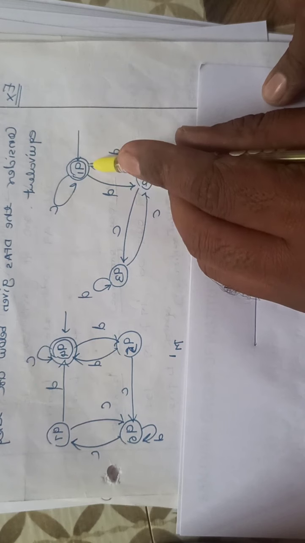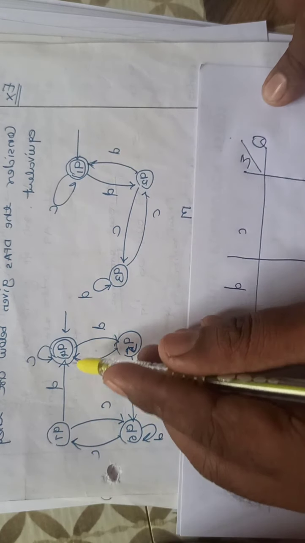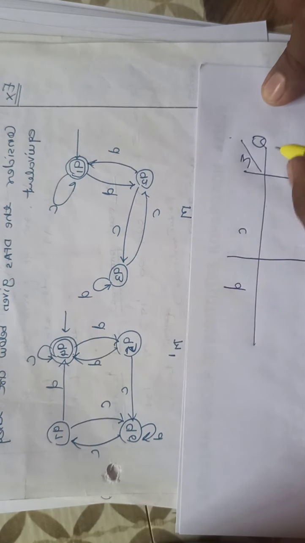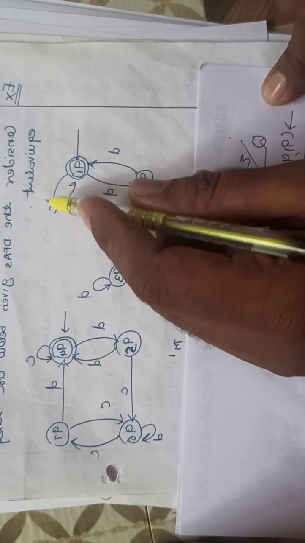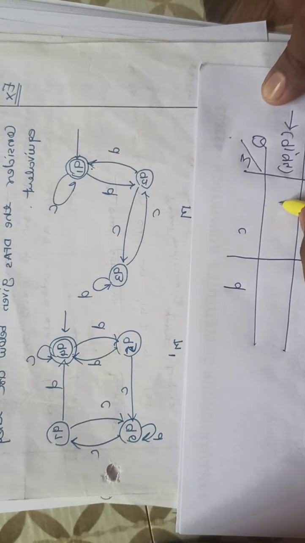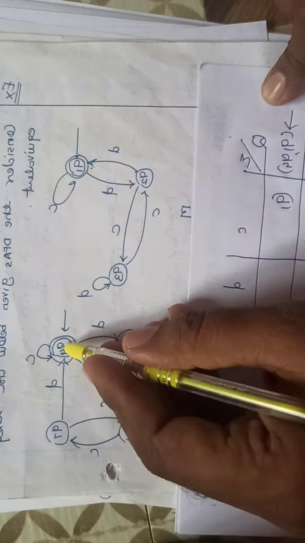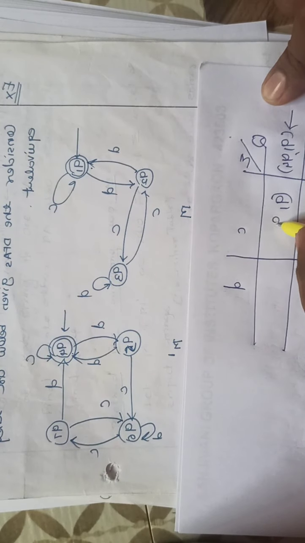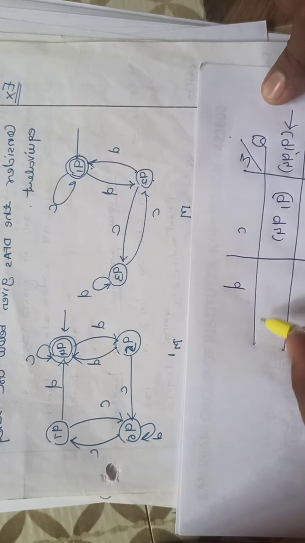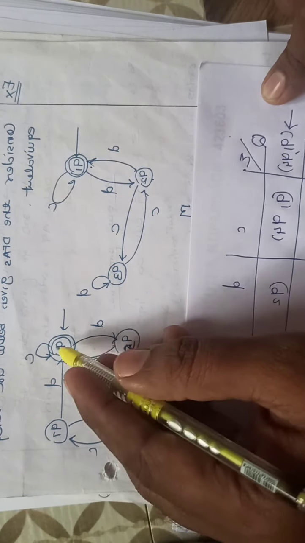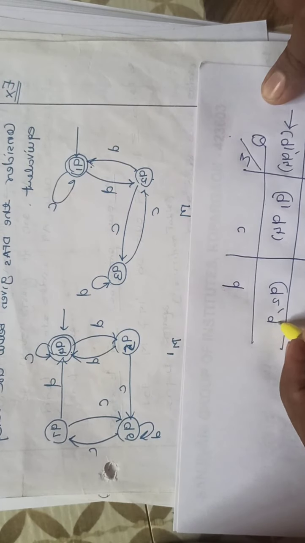The initial state in the first finite automaton is Q1, and the initial state in the second finite automaton is Q4. So I'll write it as Q1, Q4. These two are the initial states. Q1 after accepting C stays in the same state, and Q4 after accepting C is in Q4. We take the pairwise construction. Same way, Q1 after accepting D is in Q2, and Q4 after accepting D is in Q5.